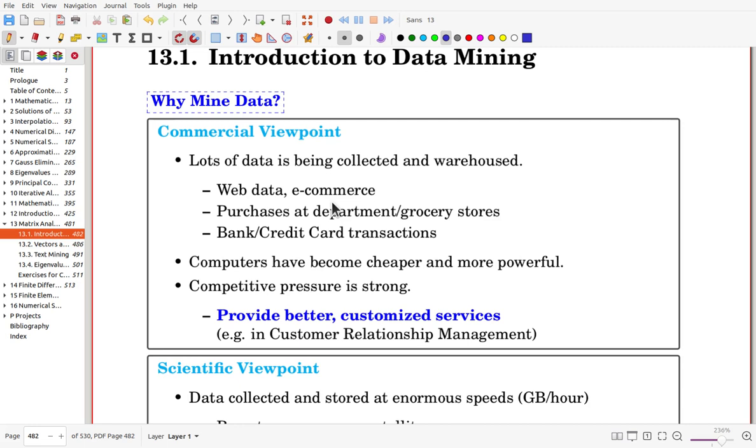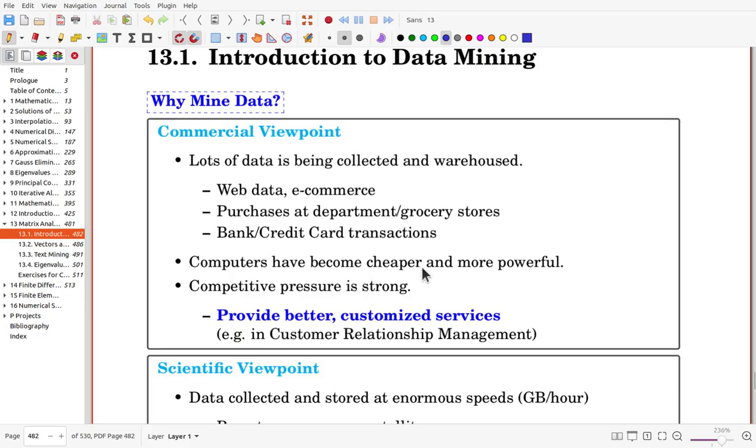Nowadays, computers have become cheaper and more powerful. And also, the competitive pressure becomes stronger. So through data mining, useful information can be obtained, and we can provide better customized services.